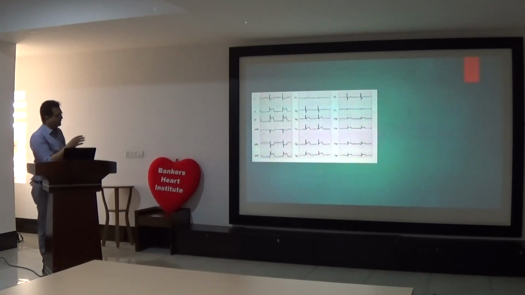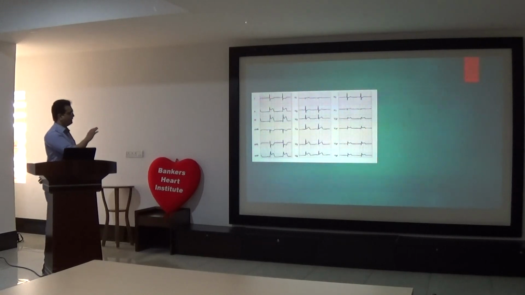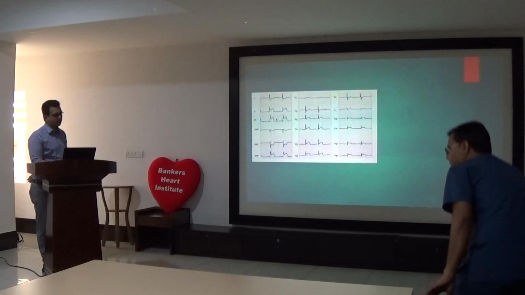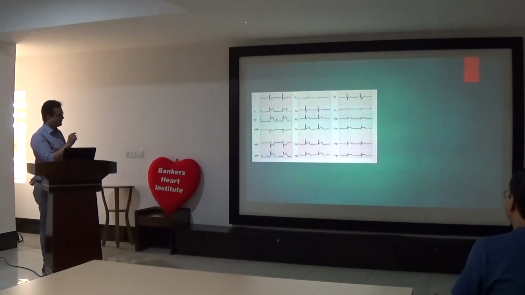So in this case, we have been provided leads V3R, V4R and V5R. The ST segment in lead 3 is more significant than that in lead 2. This is a case of inferior wall MI with RVMI, with or without posterior wall MI.